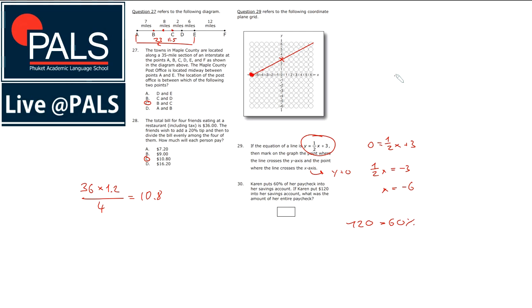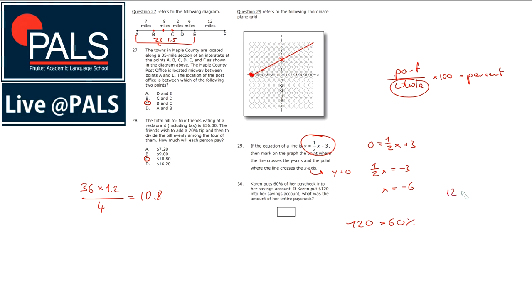So that means, percentage is always part over whole times 100 equals percent. This time we are looking for the whole, which is the total.